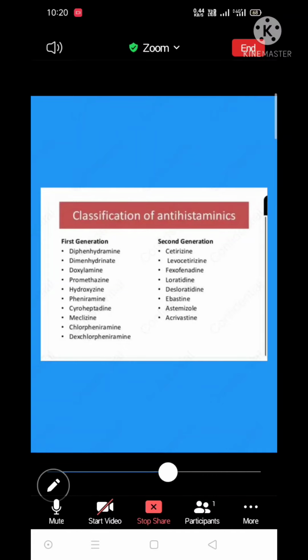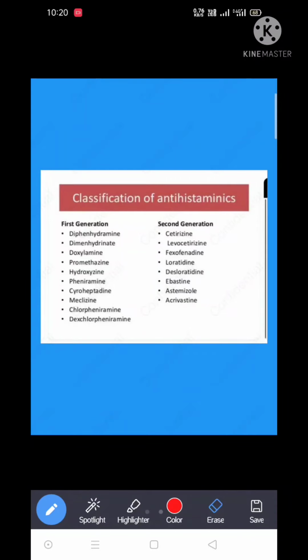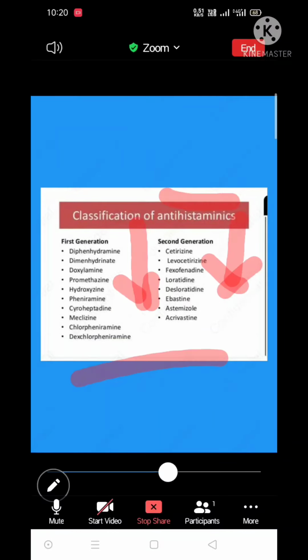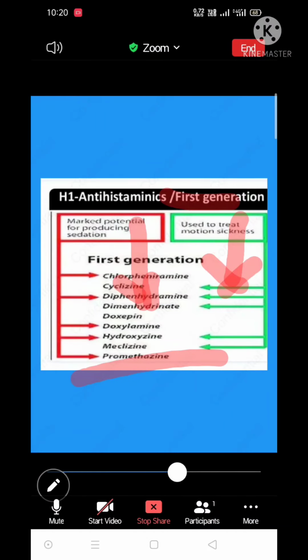Okay, this is the important one. Classification of antihistamines: first generation and second generation. First generation includes these drugs and second generation includes these drugs. You can take a screenshot, or you can write it down in your notes. It will surely help you in examination.